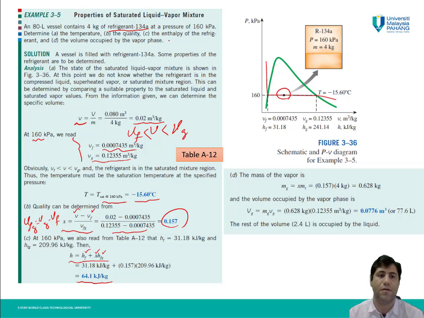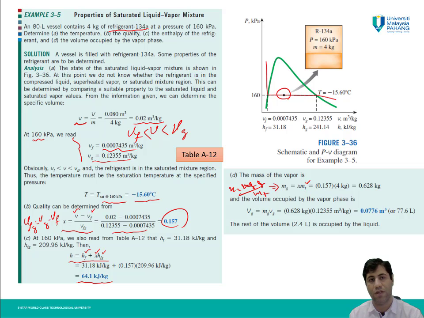Part D is the volume occupied by the vapor phase. According to the equation we had for the quality, x equals mg divided by mt. By restructuring this equation, we can write mg is equal to x times the mass of the total mixture.